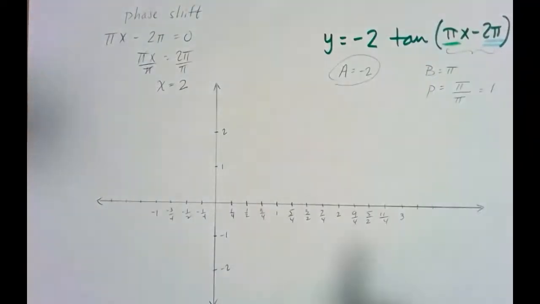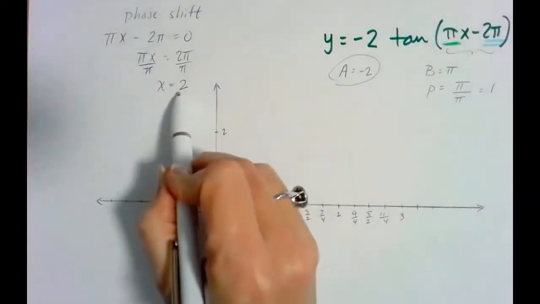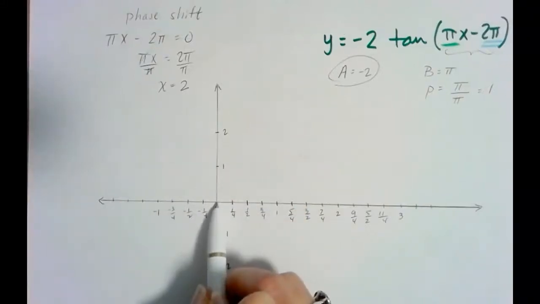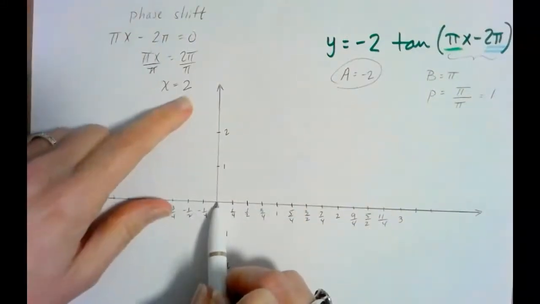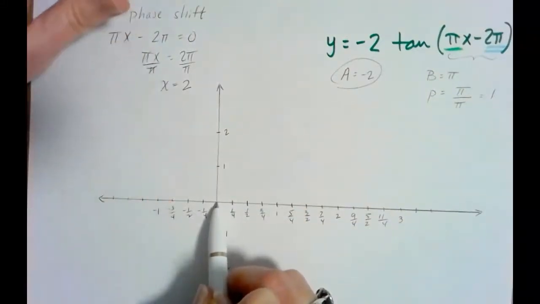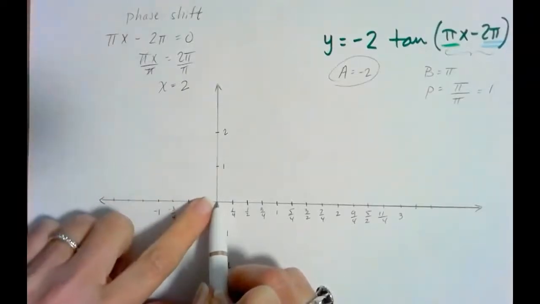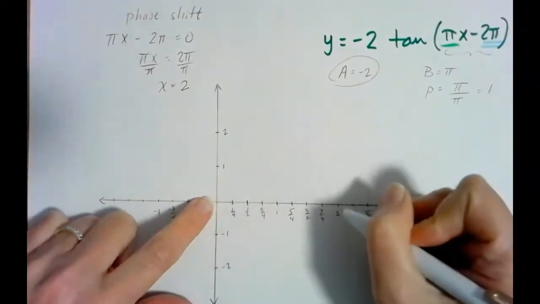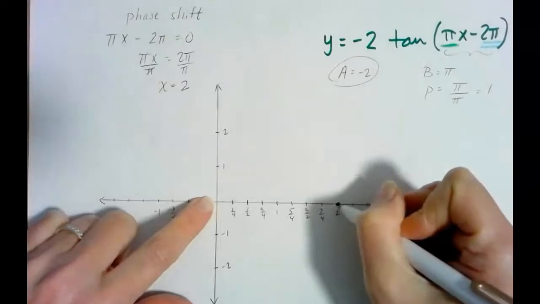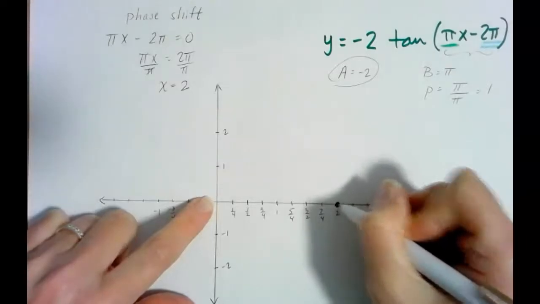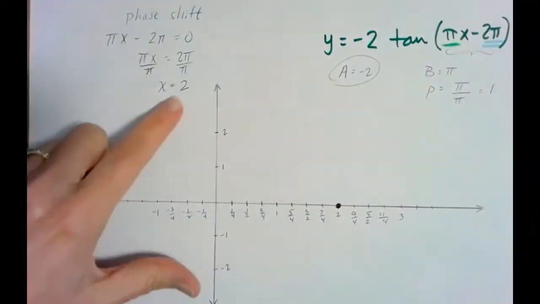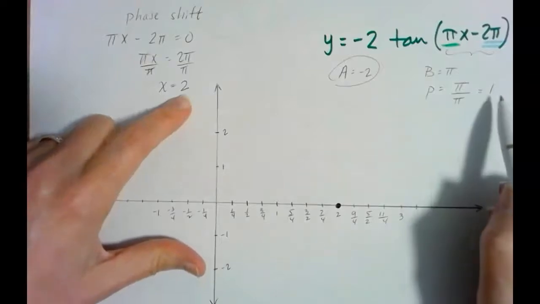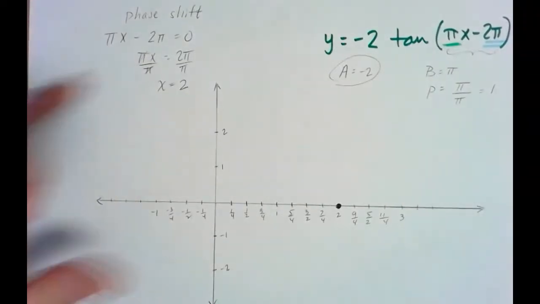So once again, we're going to shift from the origin over 2 to the right. Recall that the parent function of the tangent has a y-intercept at the origin. So we're going to shift it all the way over to 2, because the phase shift is 2. Now the period length is 1.